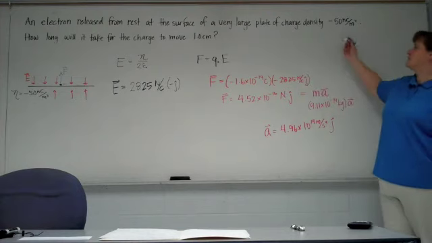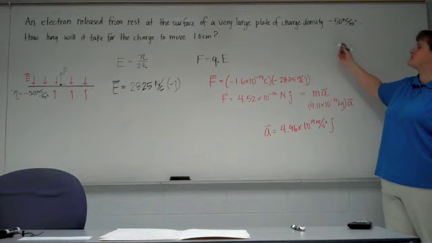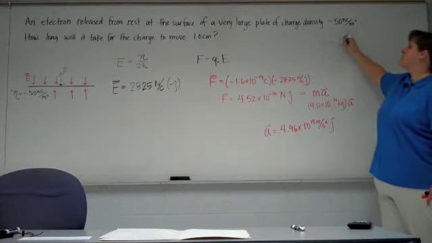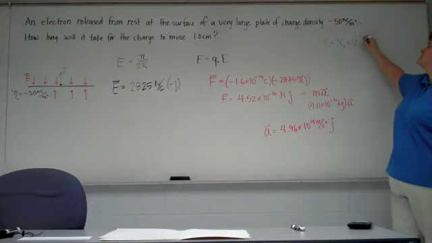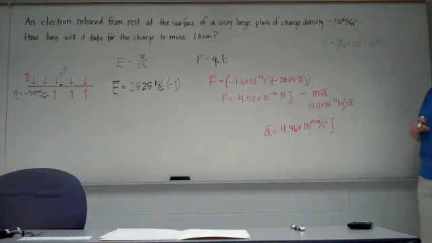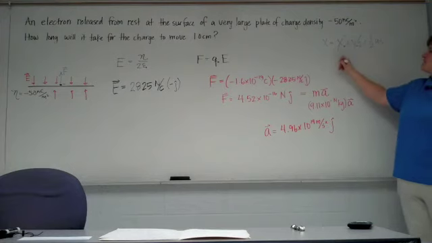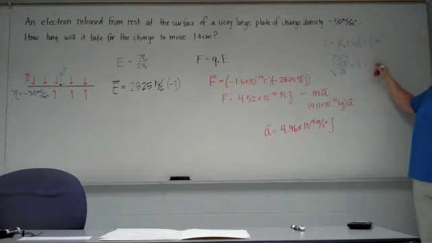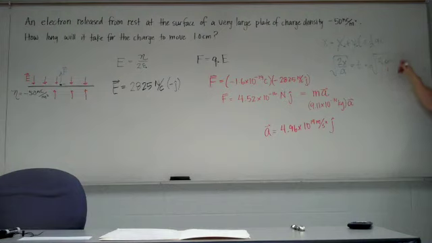So if the acceleration is constant, we can go back to our kinematic equations. We want to know how long it takes to go a certain distance. If we just go ahead and choose the initial position to be 0, it was released from rest, so the initial velocity is 0. So we can solve for time. If we bring the 2 over, divide by a, square root it, we're going to have the time. So x is 0.01 meters, a is 4.96 times 10 to the 14th meters per second squared.